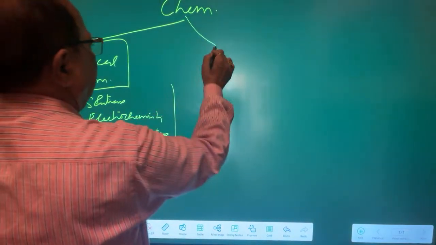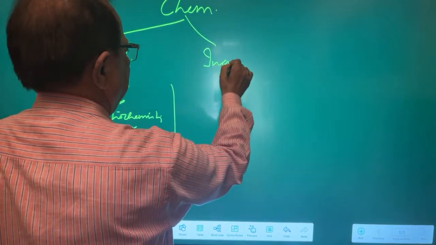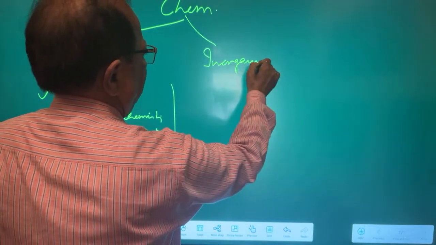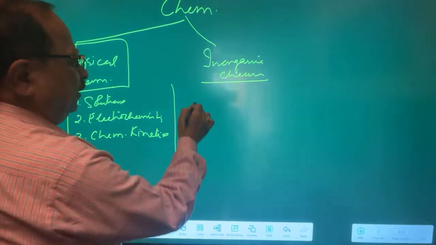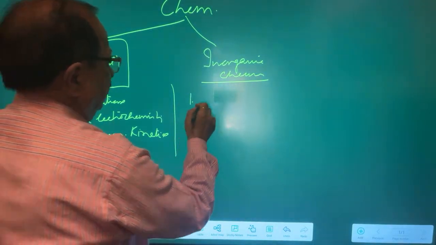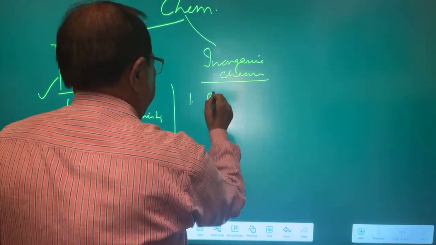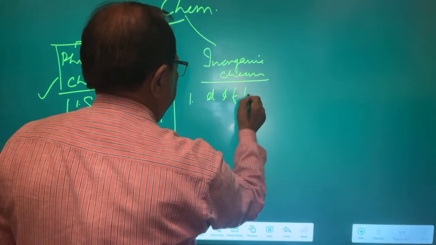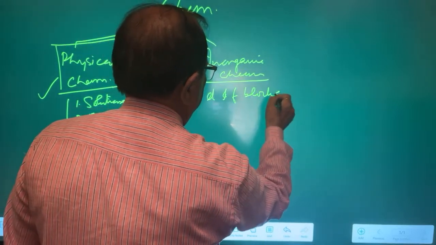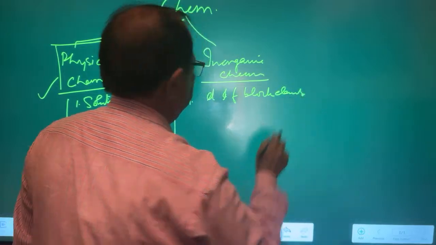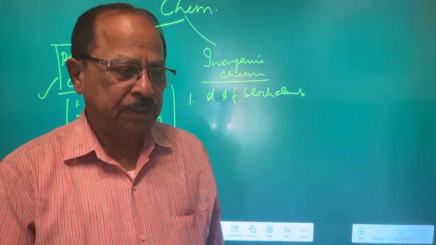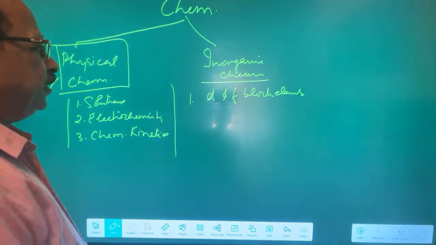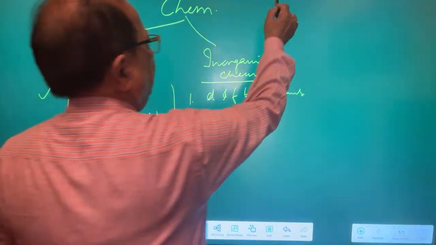And the second portion is inorganic chemistry. In inorganic chemistry, there are 2 chapters. The first chapter is D and F block elements. Students, you have studied the periodic table in your 11th class, and you see that there is a block present between S block and P block elements.